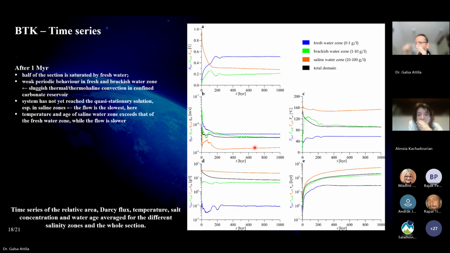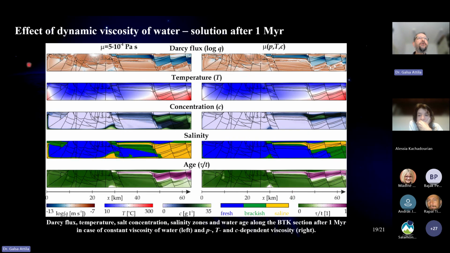Okay, and one of our reviewers noted that in our model, the molecular diffusion coefficient is temperature dependent. The water density is pressure, temperature, and concentration dependent, but the temperature dependence of the water viscosity was neglected.